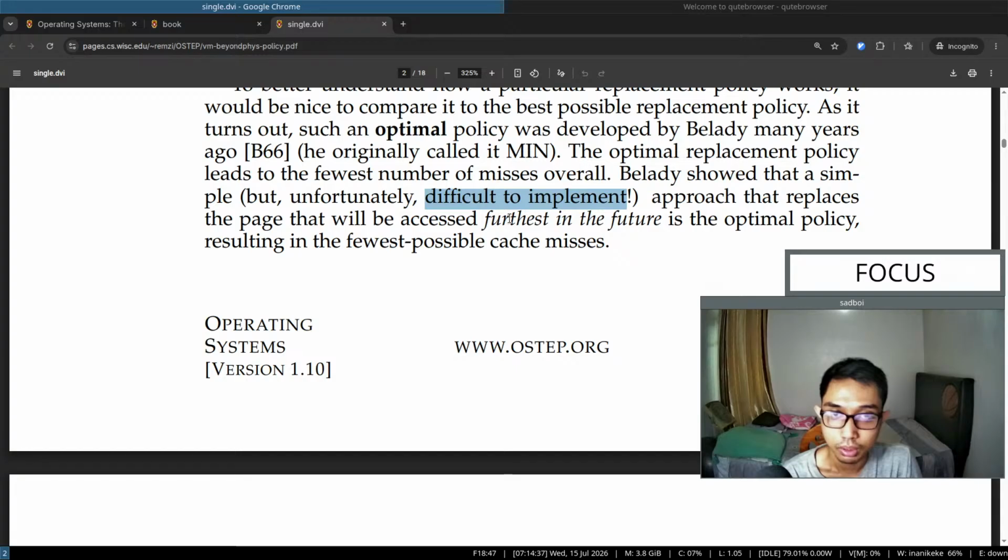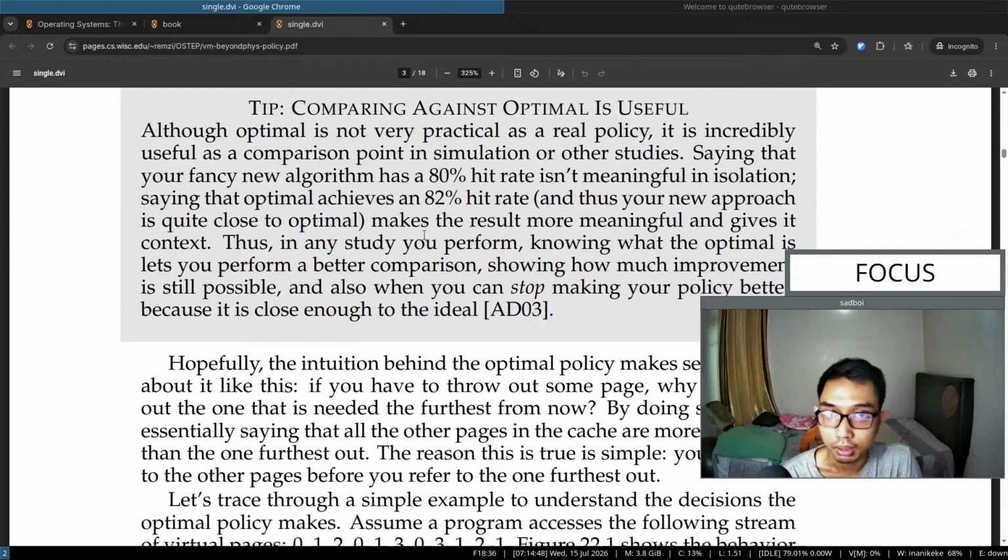Okay, I'm kind of curious what makes this difficult to implement. Yeah, maybe we will find that out.